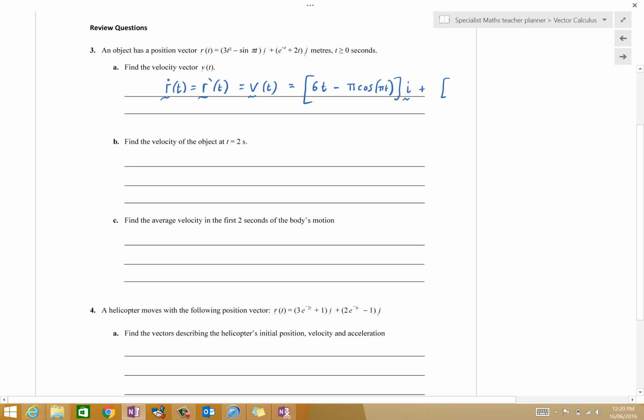So we've got minus e to the minus t, plus 2j. So that is my velocity vector in terms of time, which is going to change in terms of time.